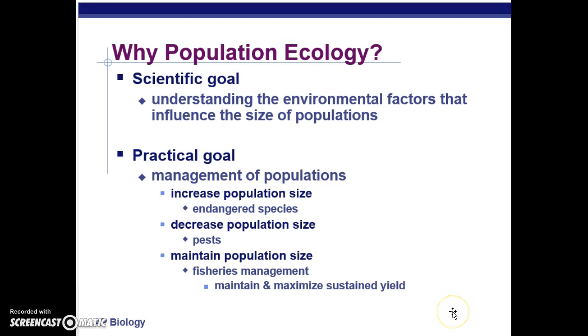So why do we have population ecology? It has both practical and scientific goals. The scientific goal is that we are trying to understand the environmental factors that influence the size of the population. The practical outcome of what we learn includes managing populations, whether that is increasing the population size if it's an endangered species, or decreasing it if it's a pest or an invasive species.